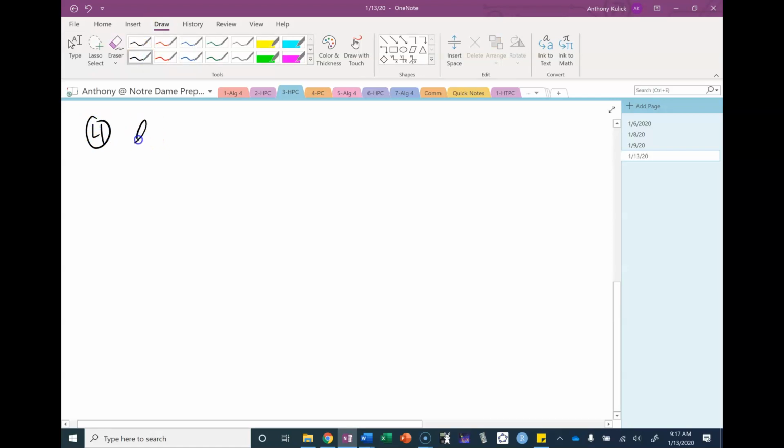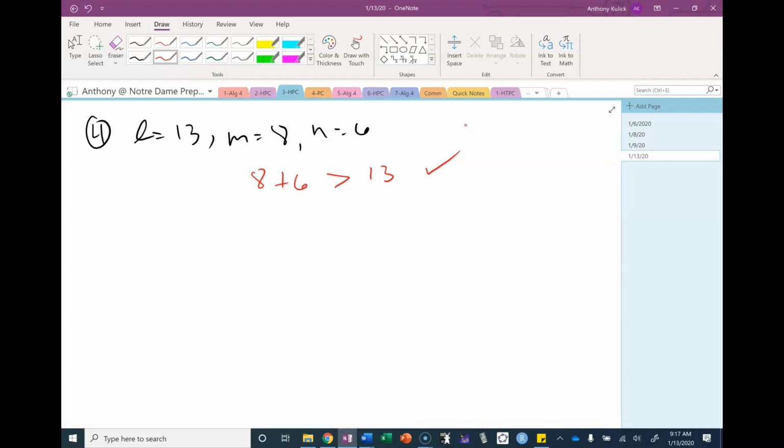So in number 4, we're given 3 side lengths. The first thing I did was check to make sure a triangle is possible given these 3 side lengths. And I saw that since the sum of the legs is greater than the hypotenuse, a triangle is possible. So to solve this triangle in a side-side-side situation, I need to make sure I solve for the biggest angle first.